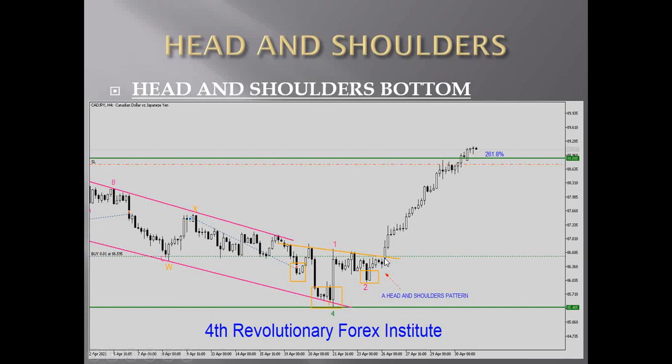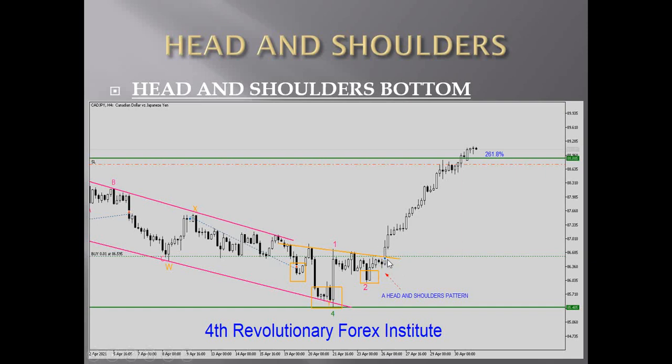For me, because I'm more experienced in trading, I executed a trade as soon as the market touched the neckline. But you traders, you wait for the market to break the neckline and do a pullback, and after the formation of the pullback, then you execute the trade.